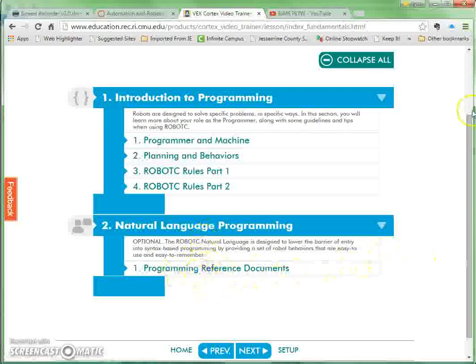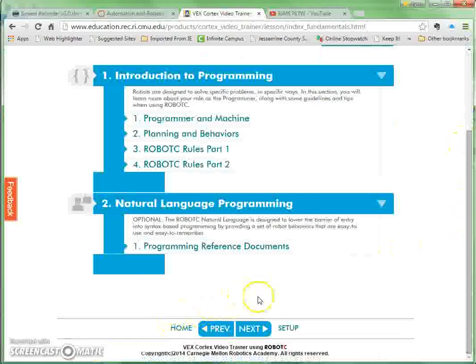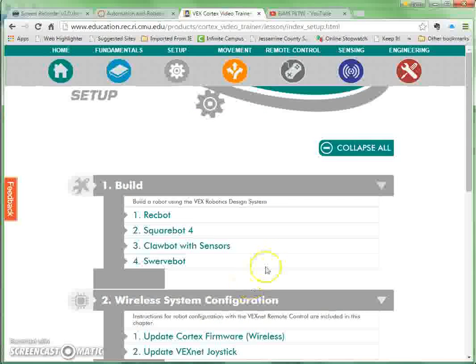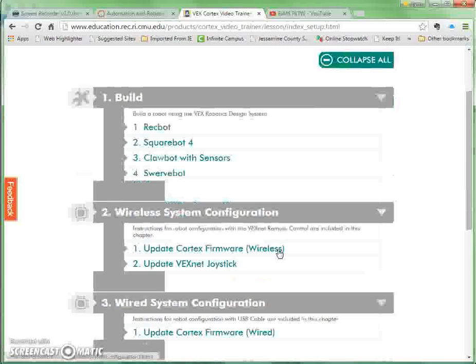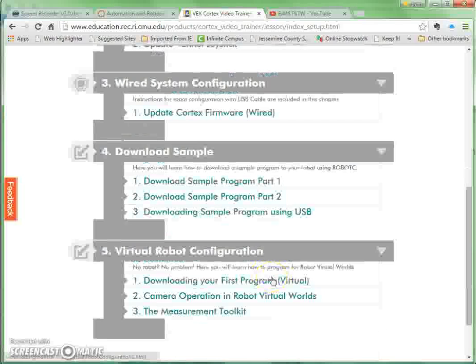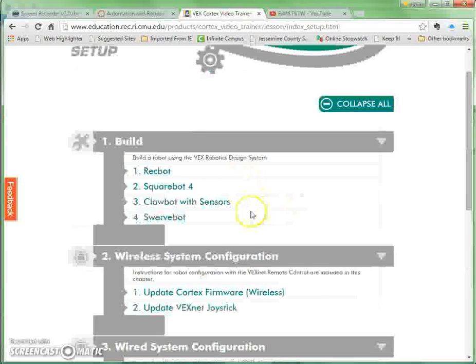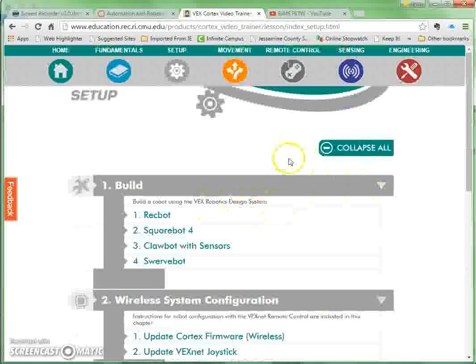Right there would be good for you to spend some time with and get ourselves up to speed, review what's going on with that, and then some of the other topics in there as well. So as you go a little farther, you can see some of the other lessons that are in place. Downloading would be good for you, so you can take a look at some of the resources that are in there.